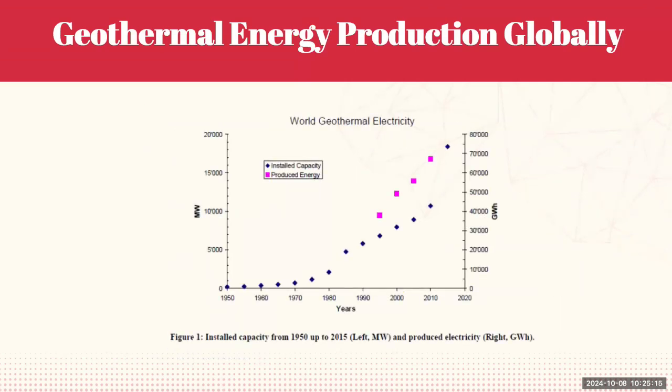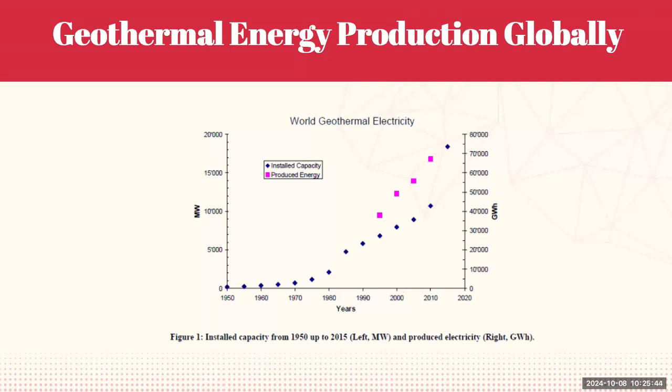This graph shows the growth of global geothermal electricity production and installed capacity from 1950 to 2015. The blue dots represent the installed capacity in megawatts, which has increased steadily over the decades, showing significant growth since the 1970s. The purple squares, on the other hand, represent the produced energy in gigawatt hours, which also demonstrate a sharp rise, particularly in the past few decades as the technology improved and more plants were built.